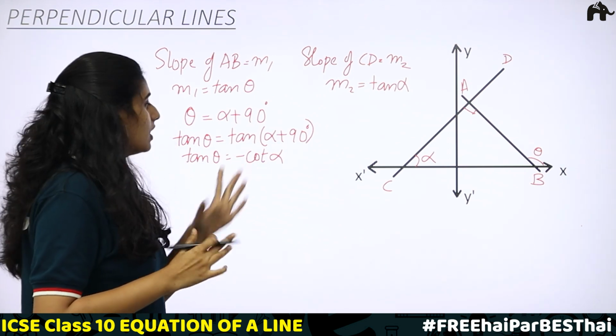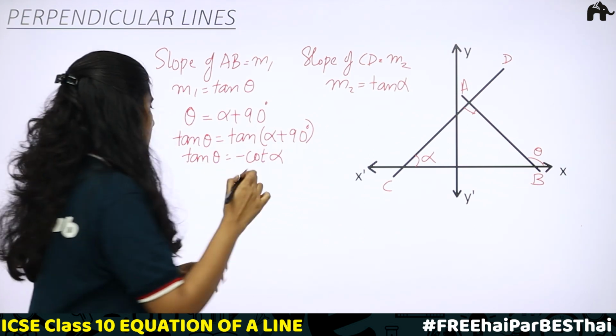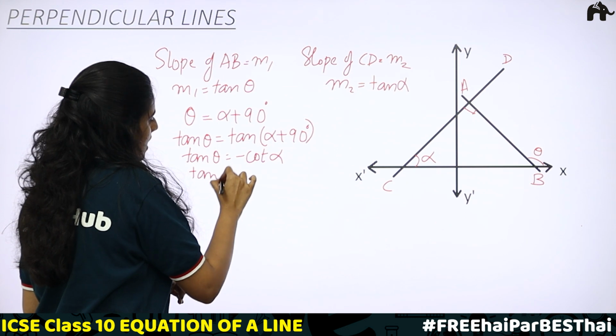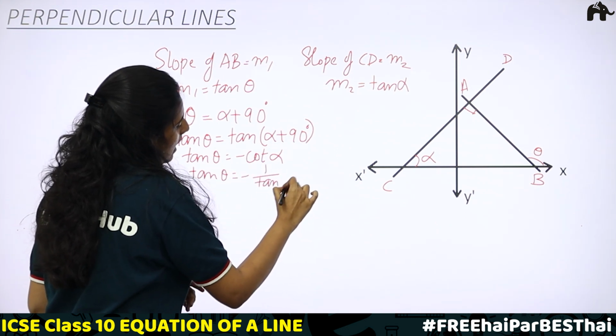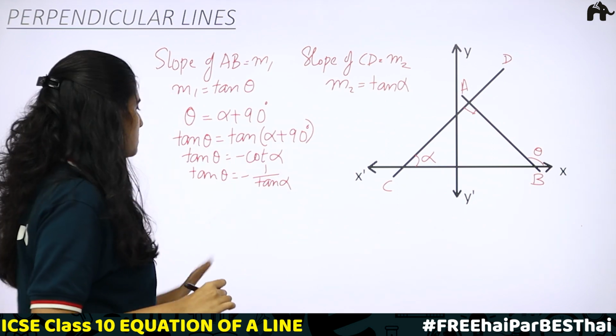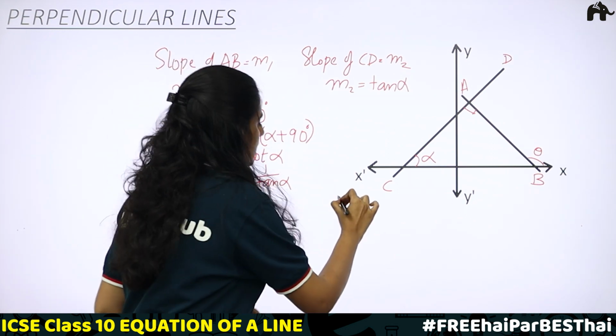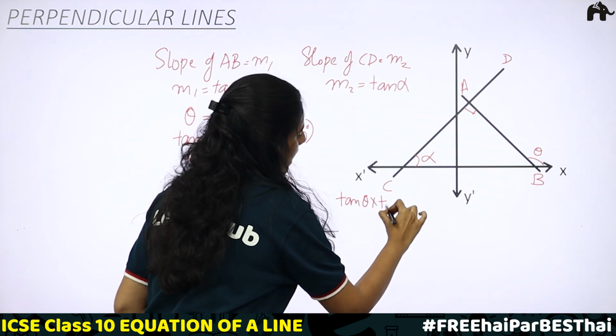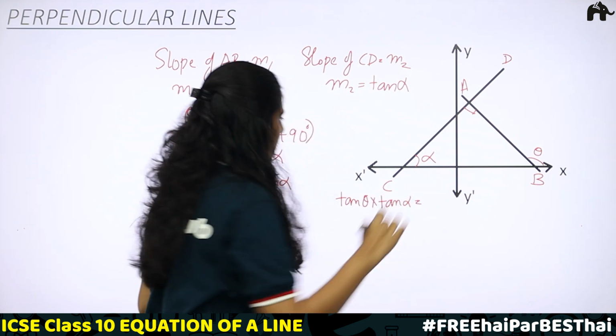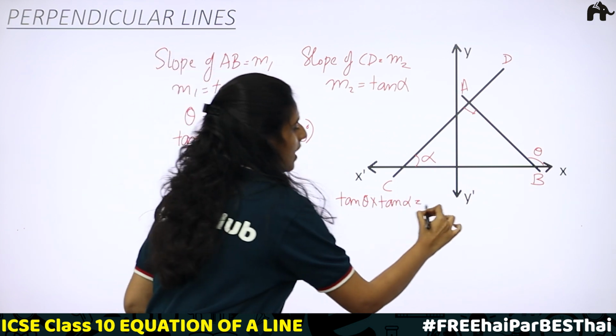Therefore, cot alpha will be 1 by tan alpha. We can write tan theta is equal to minus 1 by tan alpha. On cross multiplying this, we get tan theta into tan alpha equal to minus 1.